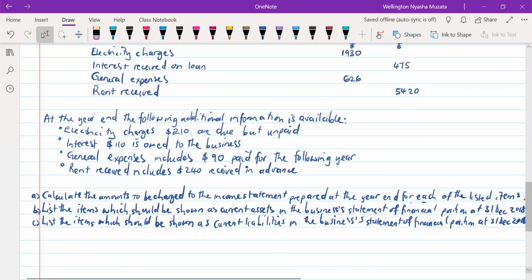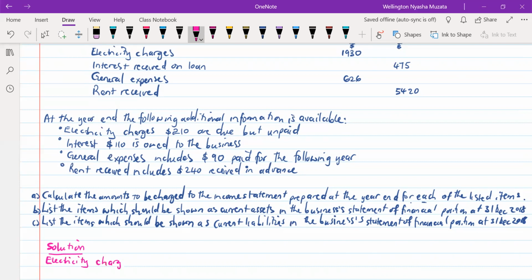The solution. The electricity charges are going to be written under expenses. And we have 1,930 that we then paid.